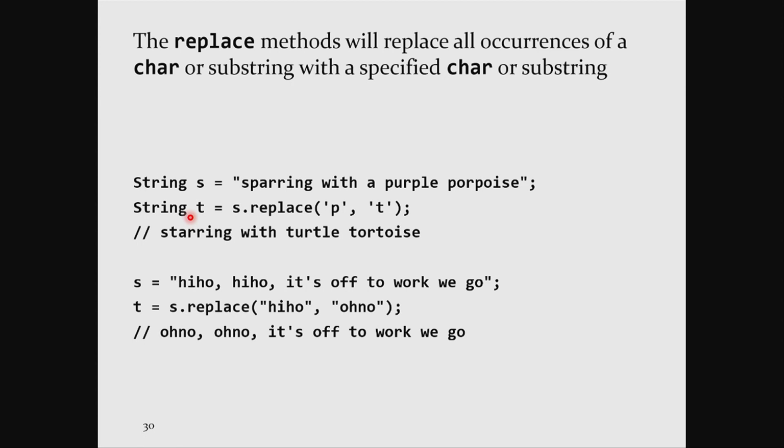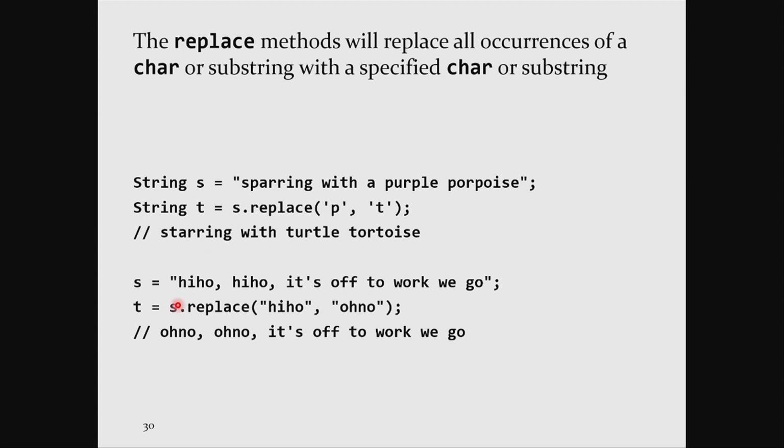You remember, strings are immutable. So if I just write s.replace without storing the result, nothing happens. I have to take the result and store it in a variable, because I'm getting back a new string from this method. So when you replace every p with a t, you get starring with a turtle tortoise.